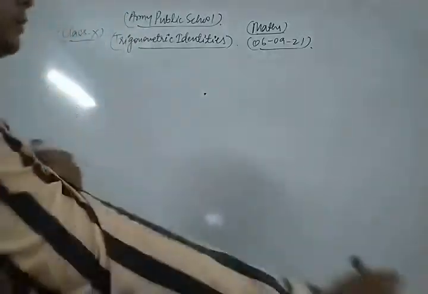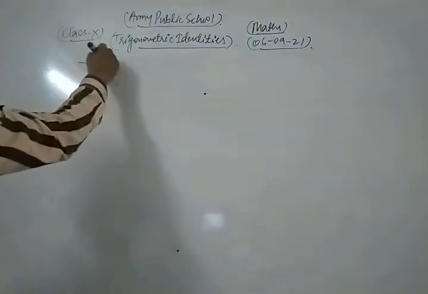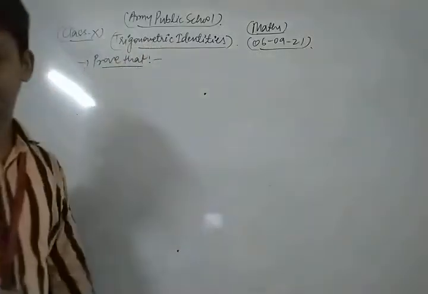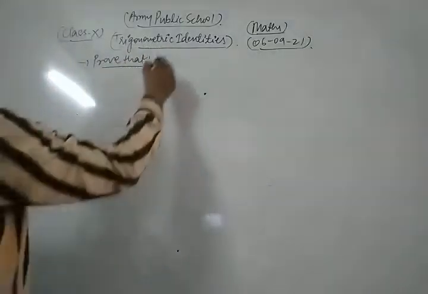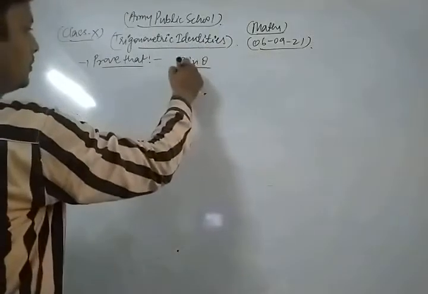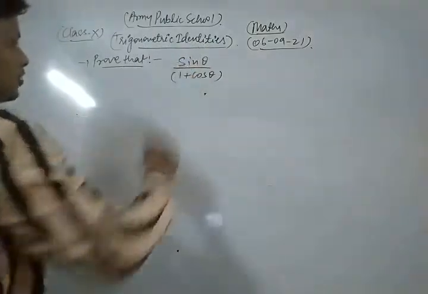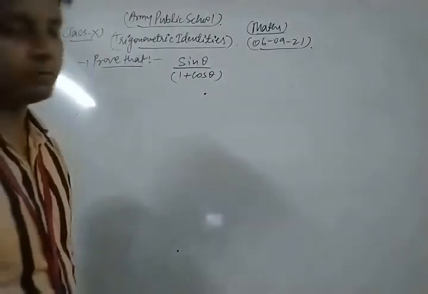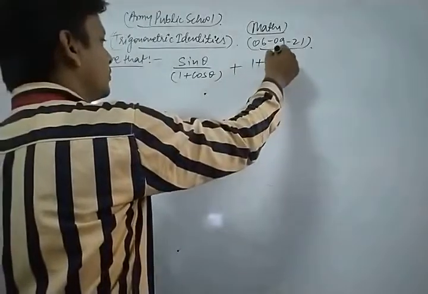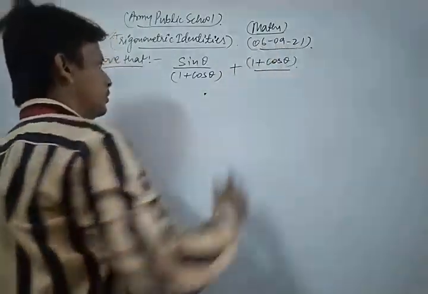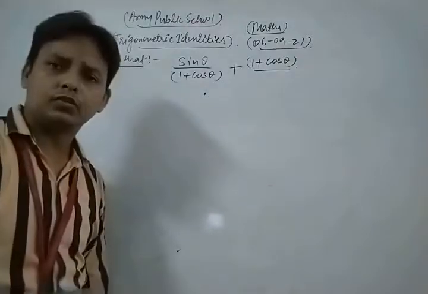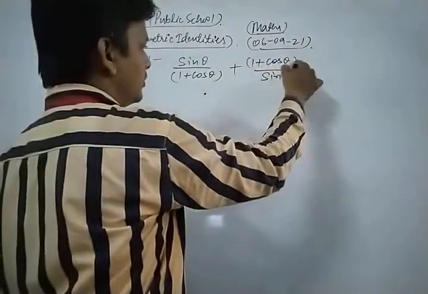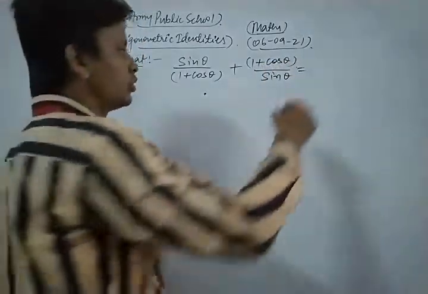Look, prove the identity. Prove that sine theta upon 1 plus cos theta plus 1 plus cos theta upon sine theta is equal to 2 cosec theta.